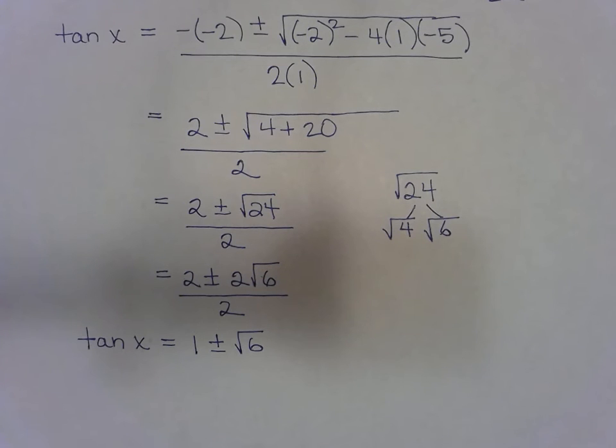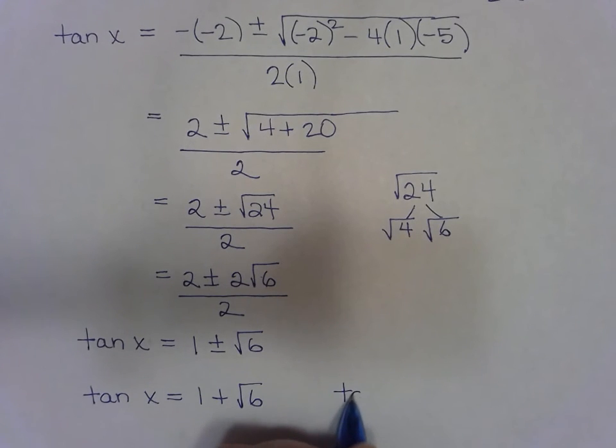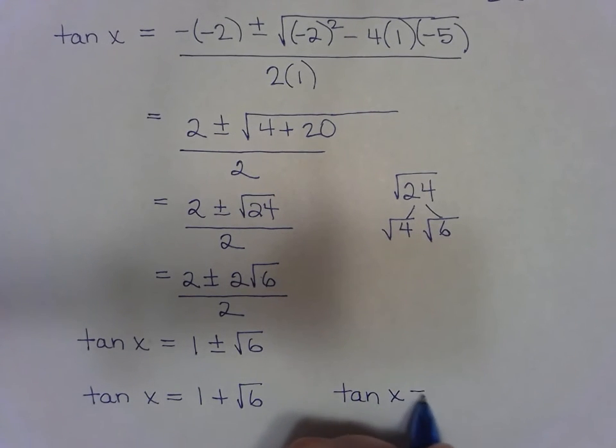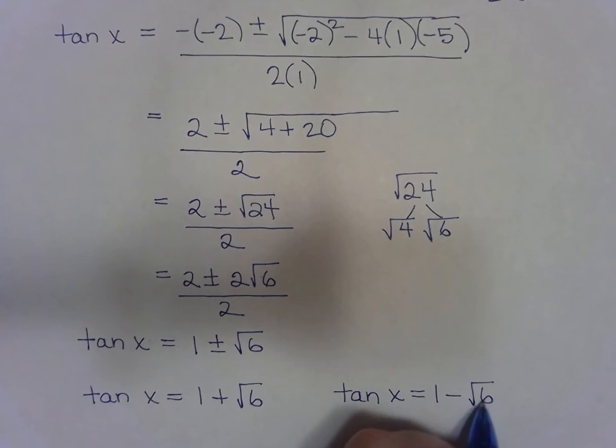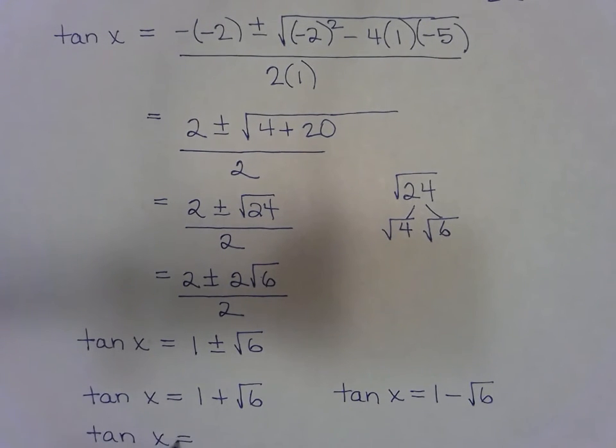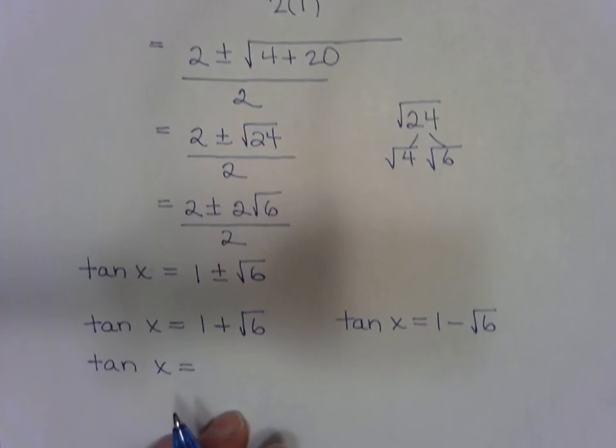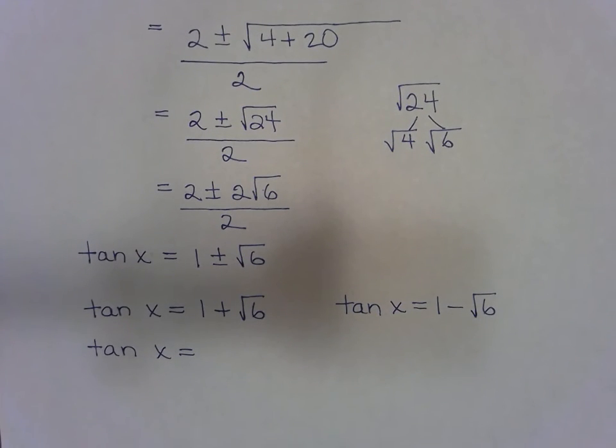Okay, so let's do this with our calculator. So tangent of x could be 1 plus the square root of 6, and tangent of x could be 1 minus the square root of 6. Okay, so 1 plus the square root of 6, let's calculate that.